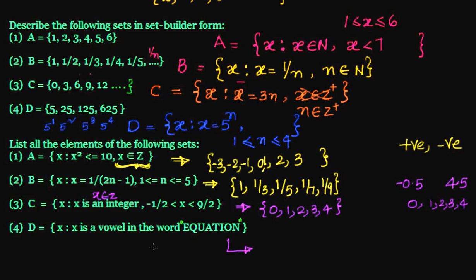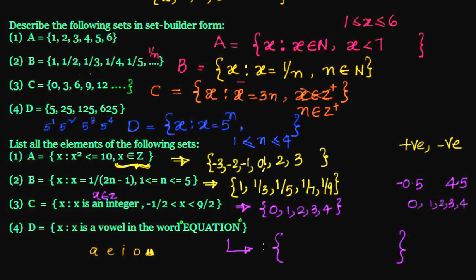And here we go. This is the last one. X is a vowel in the word equation. Very simple. We have to start from the first letter and see where the vowels are. E is a vowel. What are the vowels we have? A, E, I, O, U are vowels. Correct?